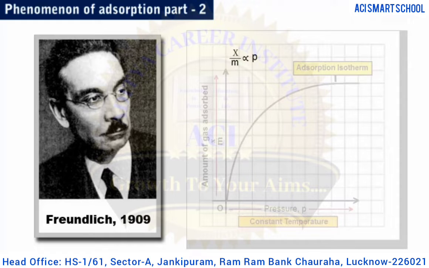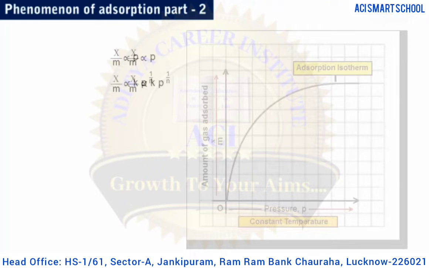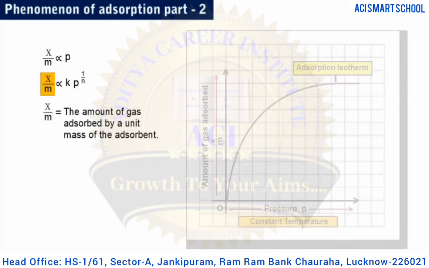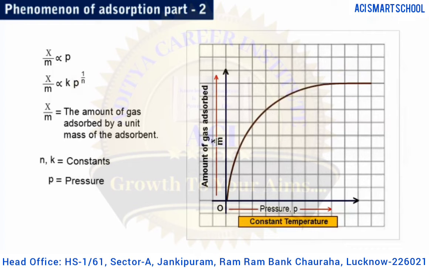The relation can be expressed as x by m is equal to k multiplied by p to the power 1 by n, where x by m is the amount of gas adsorbed by a unit mass of the adsorbent. n and k are constants and p is the pressure. This relationship is generally represented in the form of a curve and is known as the Freundlich adsorption isotherm.